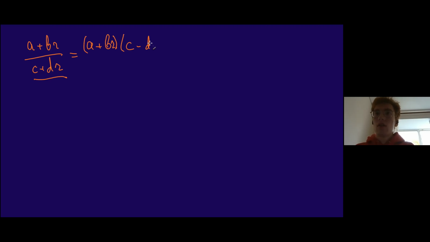Let us rewrite this fraction and multiply the numerator and the denominator by c minus d r, which is called the conjugate of this number.